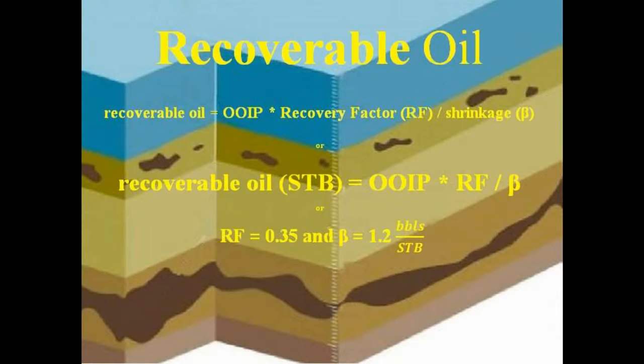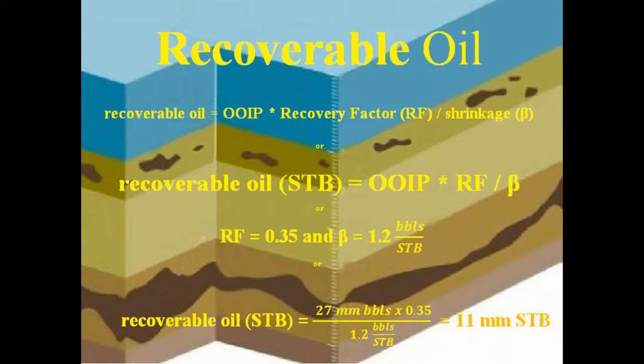For example, if the recovery factor equals 0.35 and beta equals 1.2 barrels per stock tank barrel, then recoverable oil in stock tank barrels equals 27 million barrels times 0.35 divided by 1.2 barrels per stock tank barrel equals 11 million stock tank barrels.